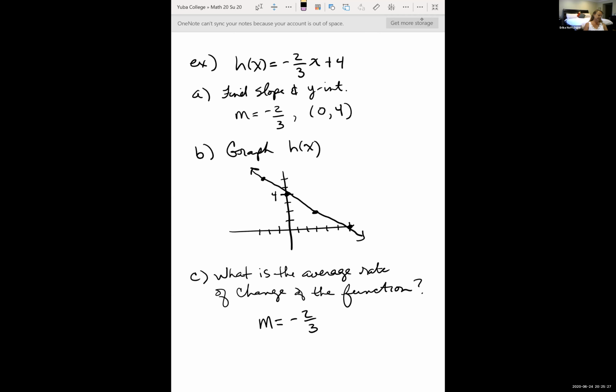Determine if the function is increasing, decreasing, or constant is part D. So is h of x increasing, decreasing, or constant?